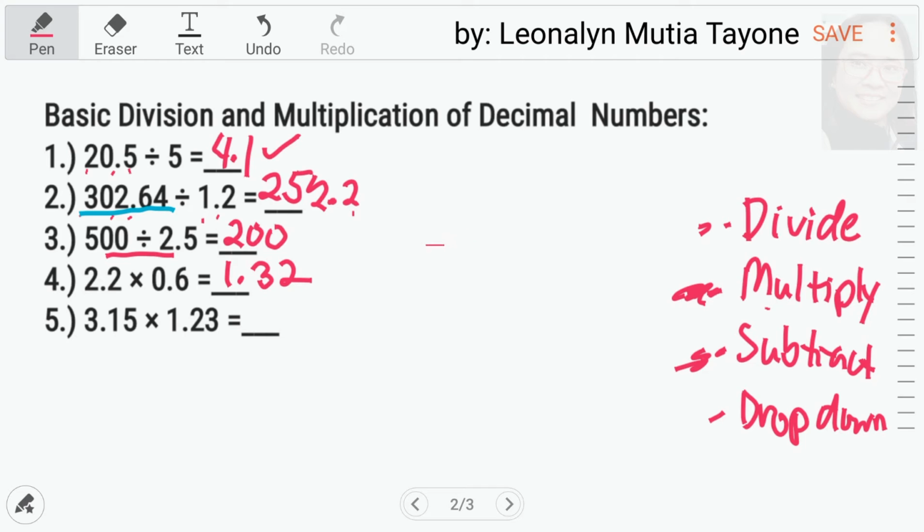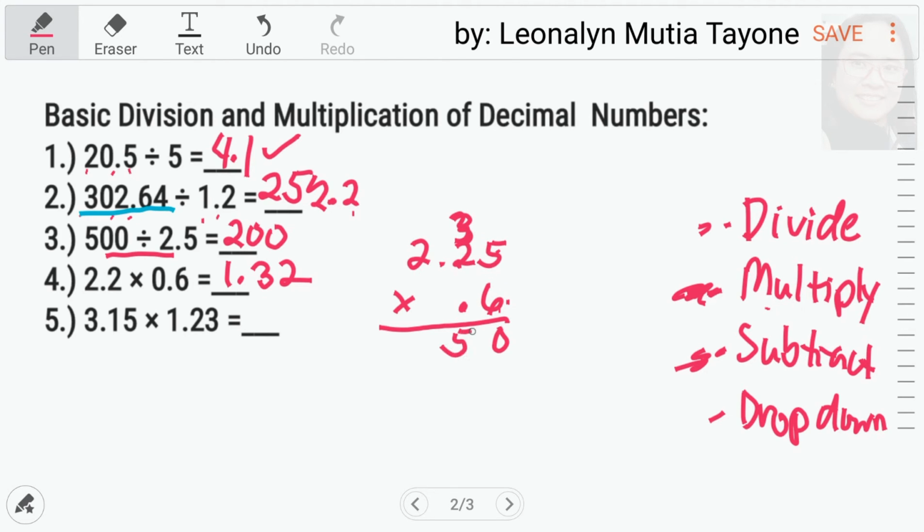Let's have another example na wala dito. Example ay 2.2 pa rin. Let's say 2.5. Then, ang next ay 0.6 lang. Multiply natin. 5 times 6, that is 30. We carry si 3. 2 times 6 equals 12 plus 3 equals 15.